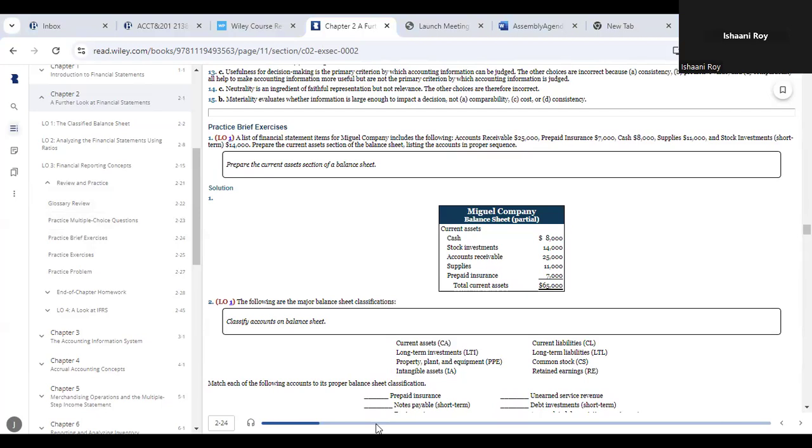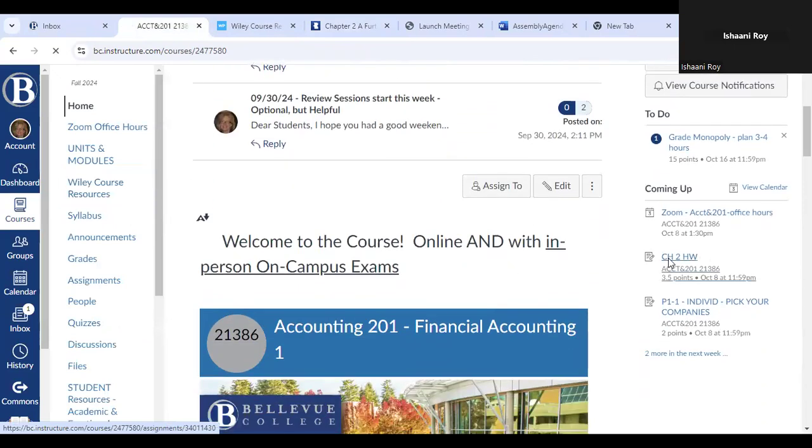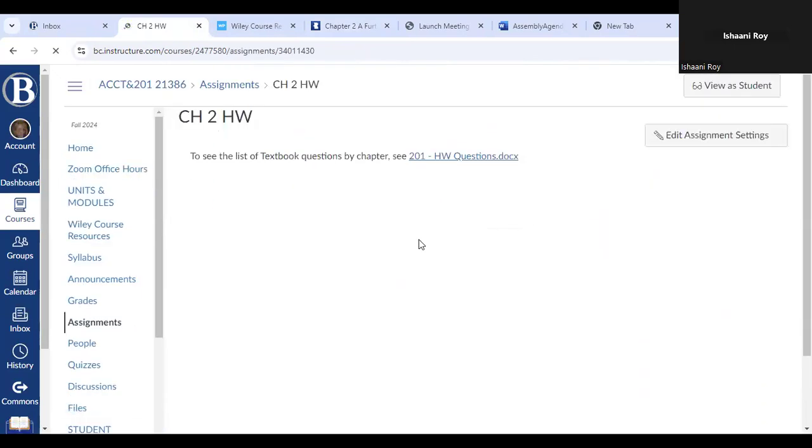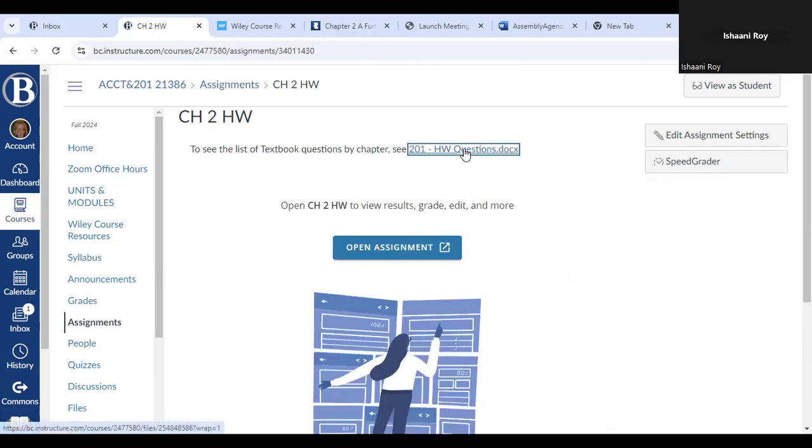Let's see. Homework problems. So if we go to, let's go here. Let's go find it. Can you see where it says recent announcements? Yeah. Okay. So we're going to look at chapter 2 homework. And here's the list. Did you find this list? Yeah, I did. Okay, great.